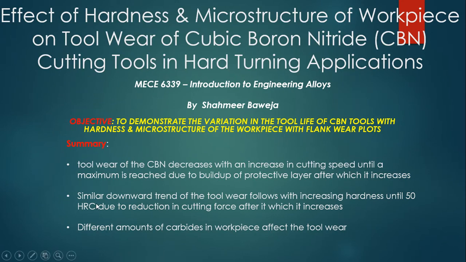Now similarly, there is a similar downward trend of the tool wear, which goes down with increasing workpiece hardness for hardness below 50 Rockwell, and this is due to the reduction in cutting force.